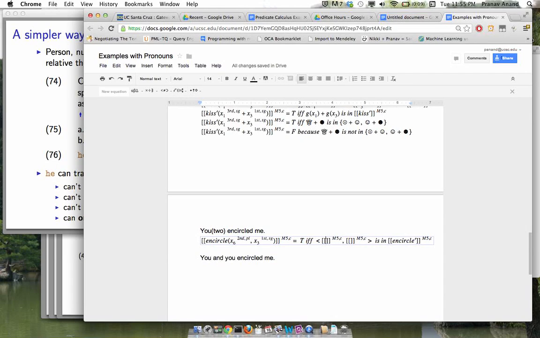So the first one is this little x6 doohickey. And the second one is x3.